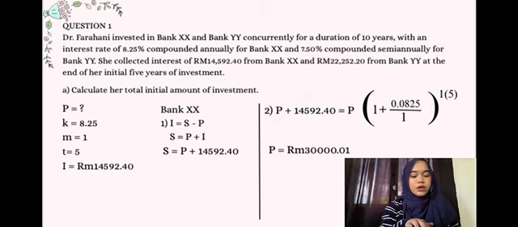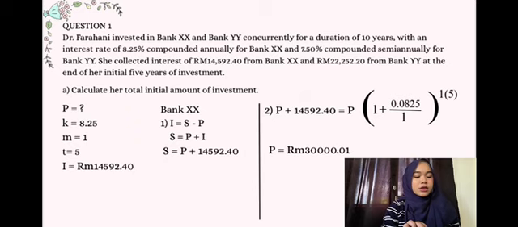Next, we use the formula for compound interest, S equals P(1 + K/M)^(MT). But first, we know that S equals P plus I, so substituting the interest value, S equals P plus 14,592 ringgit and 40 cents.